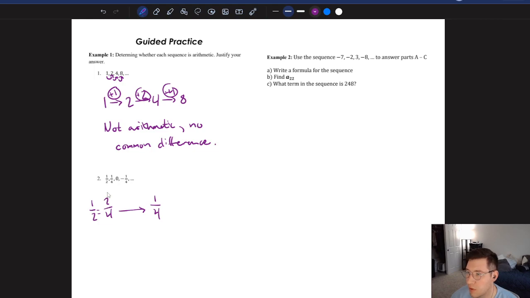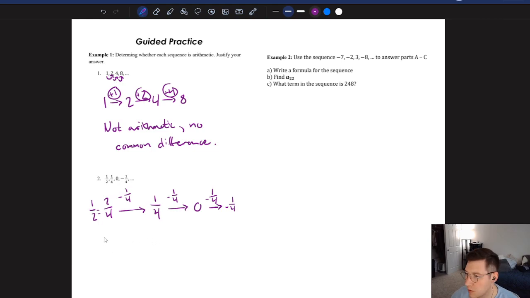Oh, okay, well, if I go from 2/4 to 1/4, I'm actually subtracting 1/4. Okay, and now if I go to 0, well, hang on a second. I'm subtracting 1/4 again. And now going to negative 1/4, well, again, I'm subtracting 1/4.